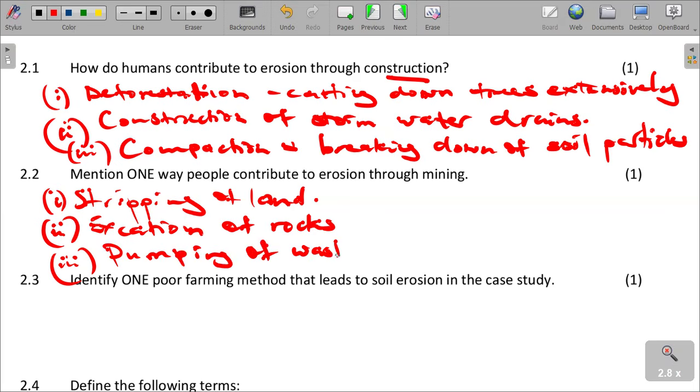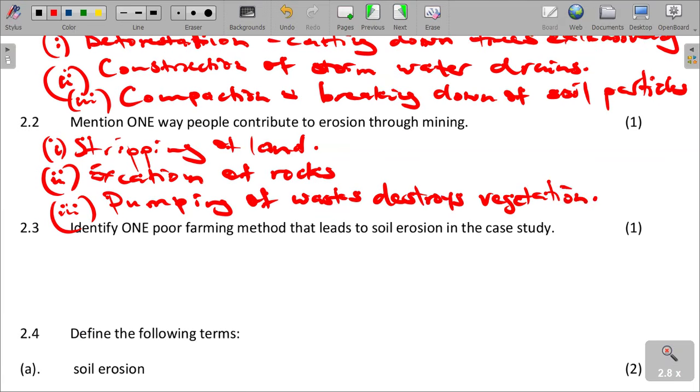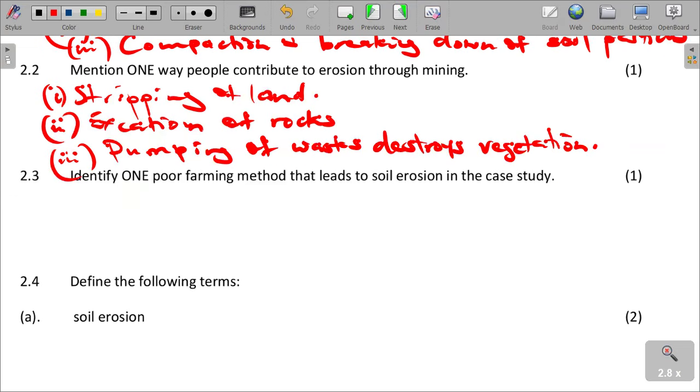When waste is dumped on the land, it actually destroys vegetation, which also exposes the soil to agents of erosion.